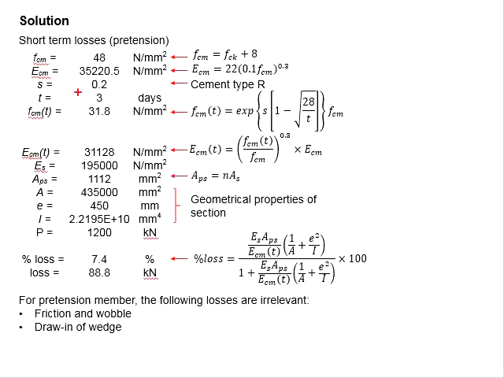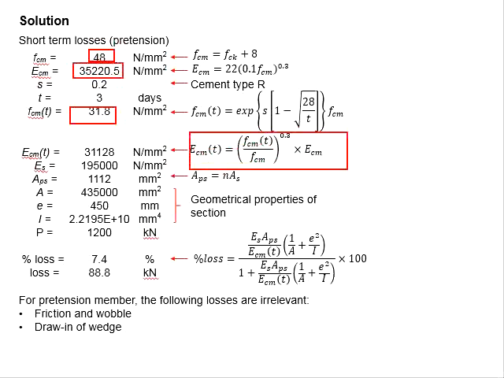The t is given as 3 days. Substitute the relevant values, you obtain fcm(t), which is 31.8 N/mm². Substitute the relevant values into the equation here, you get Ecm(t) here.